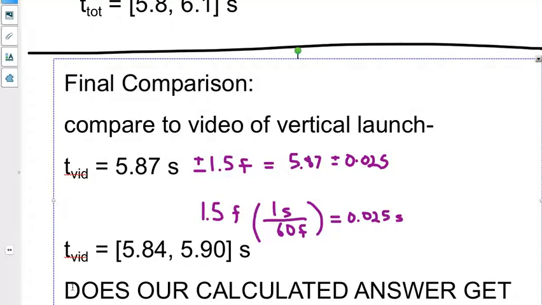That's a yes or no question. Our calculated answer is somewhere between 5.8 and 6.1 seconds. The video tells us it's somewhere between 5.84 and 5.90 seconds. Are we justified? Yes or no?